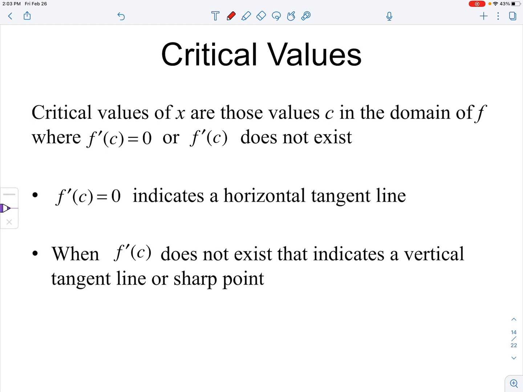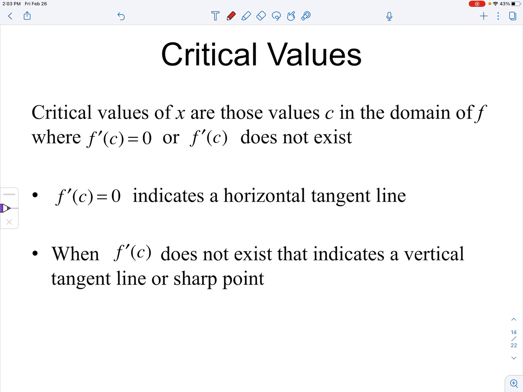And the values where the derivative is equal to 0 or the derivative doesn't exist are referred to as critical values, okay? And the y coordinates that go with those x coordinates, so like c comma f of c, would be the critical points.